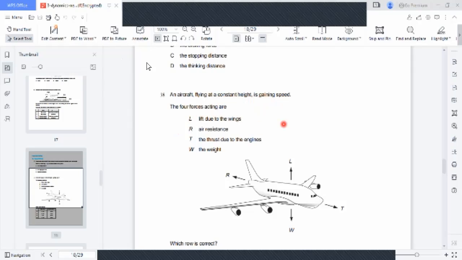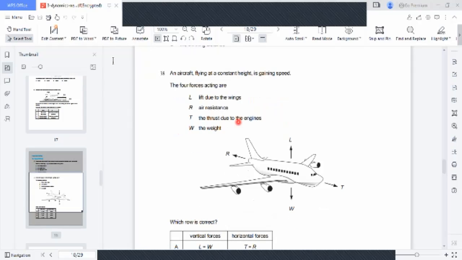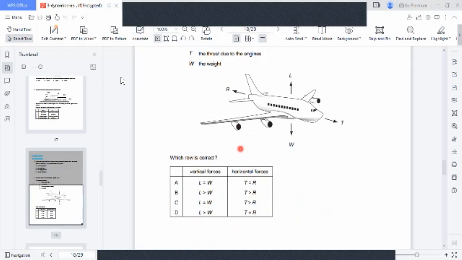The forces acting on it are like this. Lift due to the wings is like this. Weight is acting in this direction. This is the engine force, the thrust, and air friction is acting in the downward direction. Which row is correct?